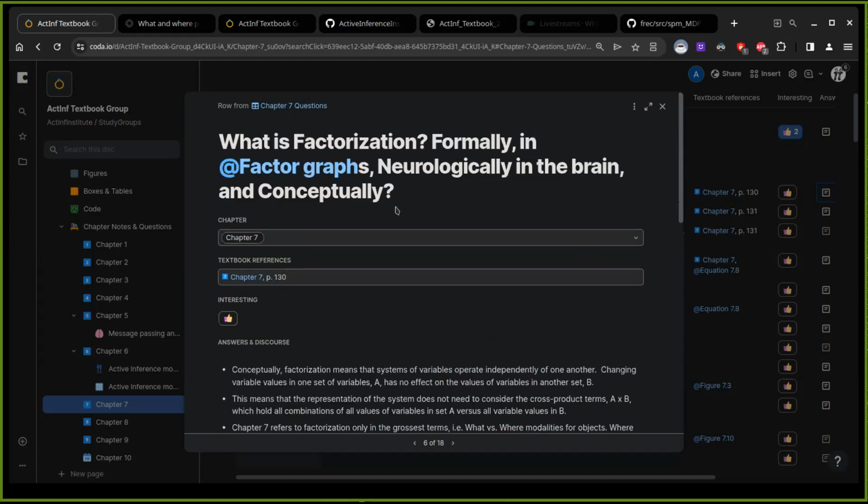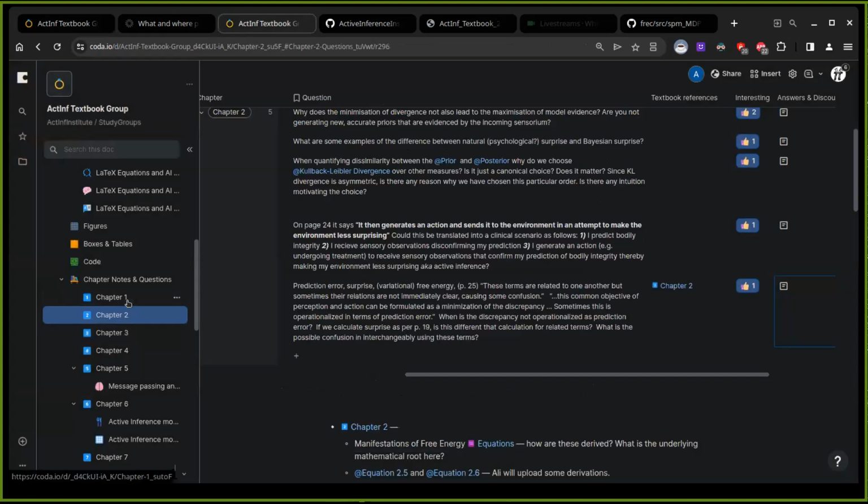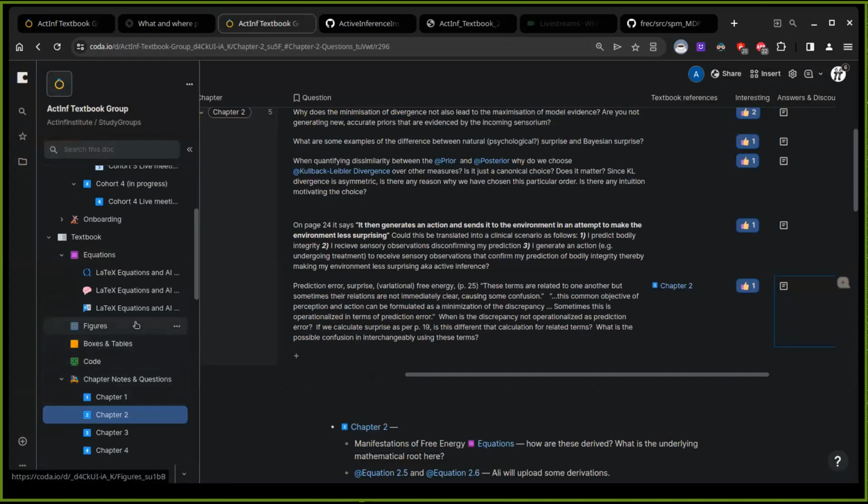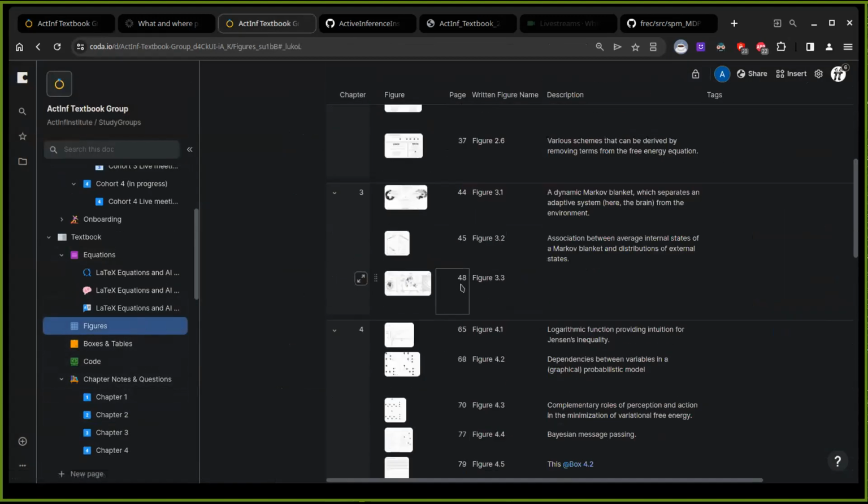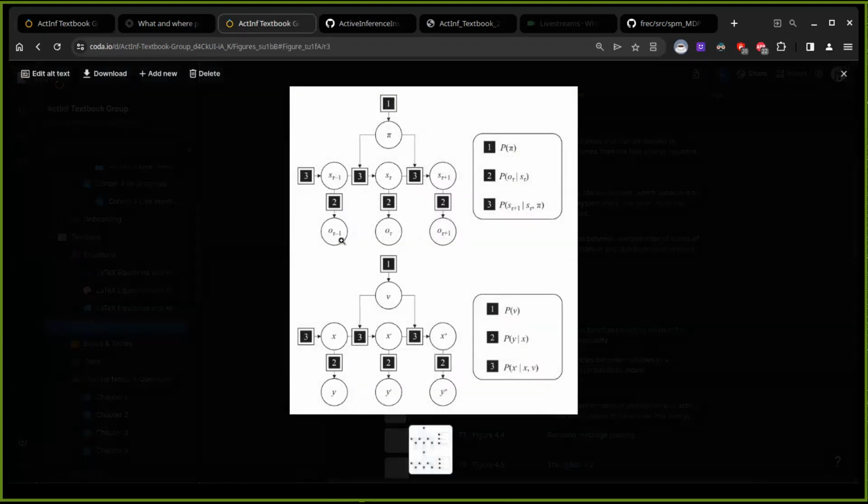One other point, and the reason why factor graphs and factorizations are even being discussed, is that the connections in the Bayesian graph reflect which variables have influence on each other. So, for example, O of t minus 1 is only influenced by hidden state of t minus 1, through the A matrix, and similarly.